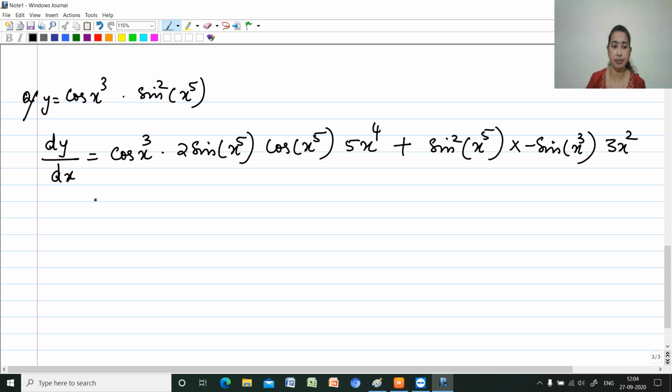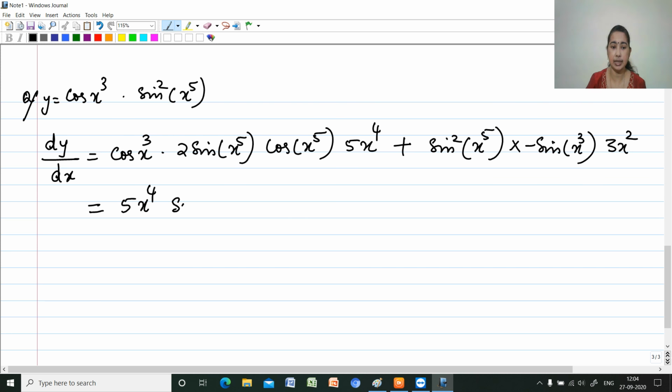Now we can simplify this result. First I can write 5x⁴, then 2 sin(x⁵) cos(x⁵). What is 2 sin x cos x? It is sin 2x.